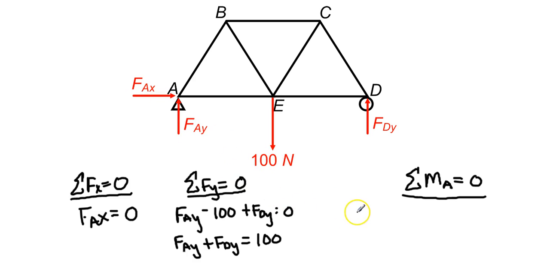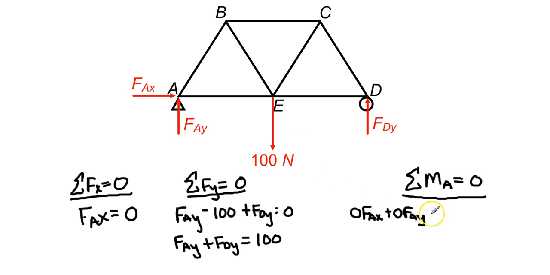We've got the force at A in the X direction and the force at A in the Y direction. Both are at the pin, so they have a distance to the pin of 0, and those will end up dropping off.